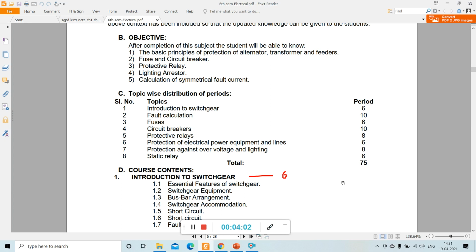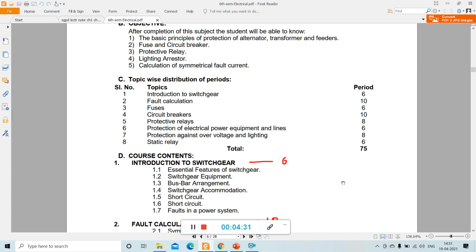So from the generation to the customer level, this is our total power system, and this consists of, as I told you, transmission line and distribution line. So for these systems we also need protective devices or equipment. Okay, so under these we will study different types of protective devices like fuses, circuit breakers, relays.